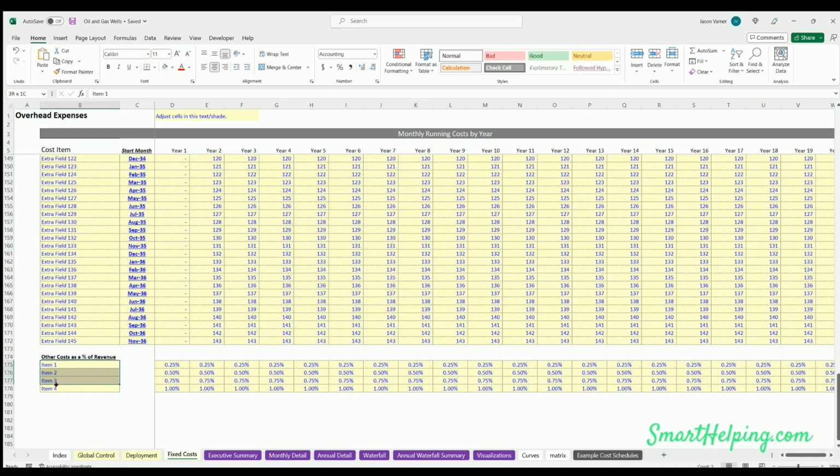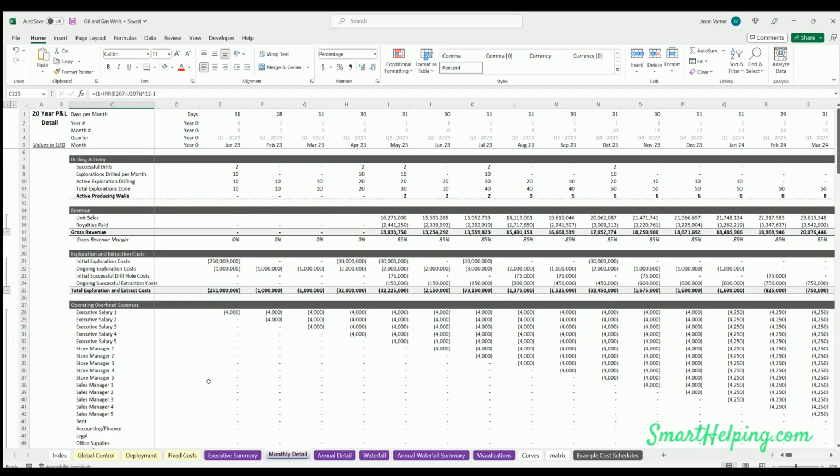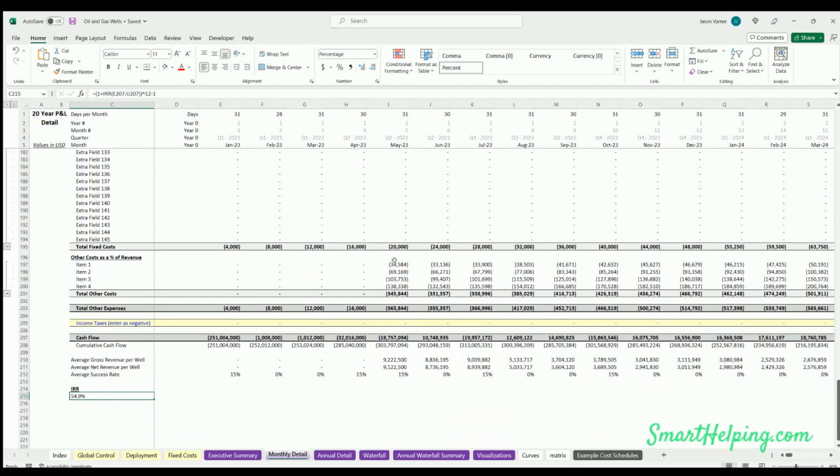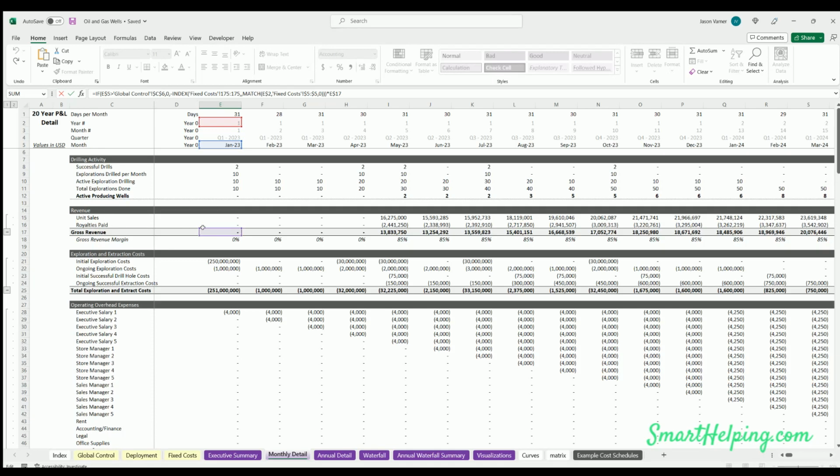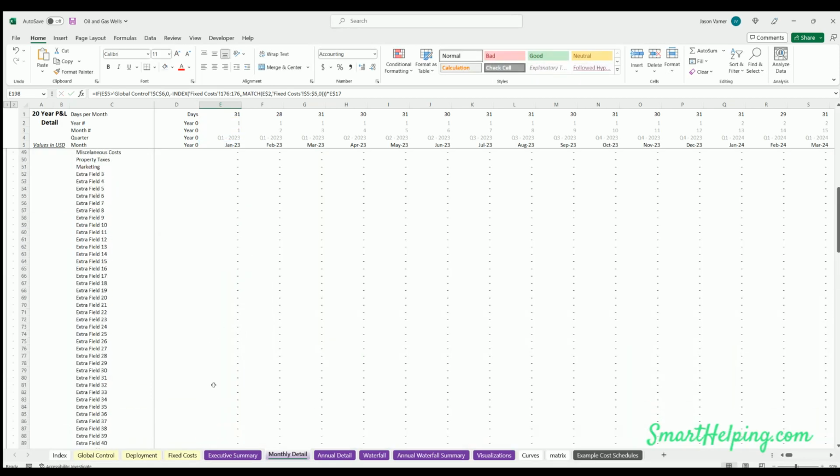There are also some catch-all costs here, defined as a percentage of net revenue. So that's revenue after royalties, and that percentage will apply to that. You can see that percentage taking place right here in this section. Other costs as a percentage of revenue on the monthly detail takes the gross revenue, so revenue after royalties or net revenue, same thing, times whatever that percentage is.